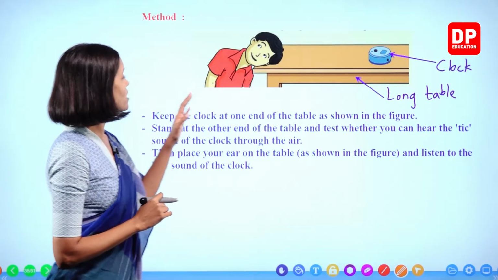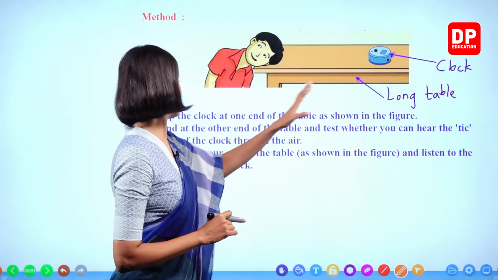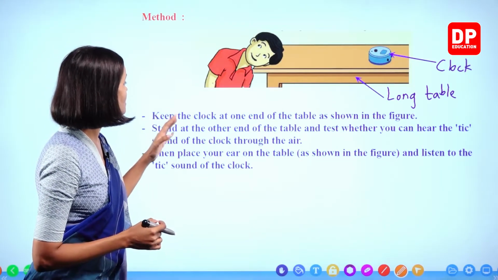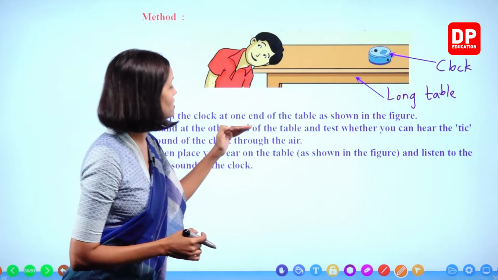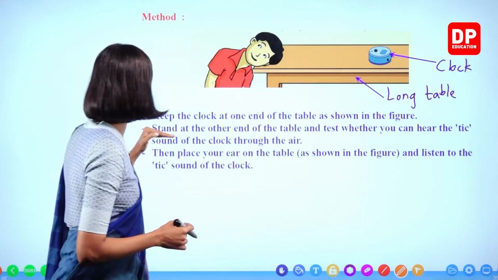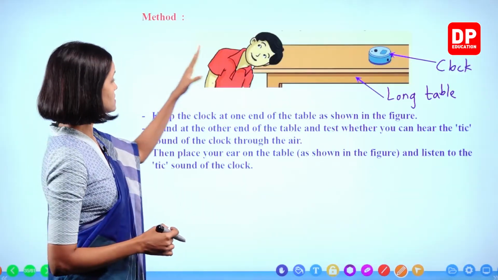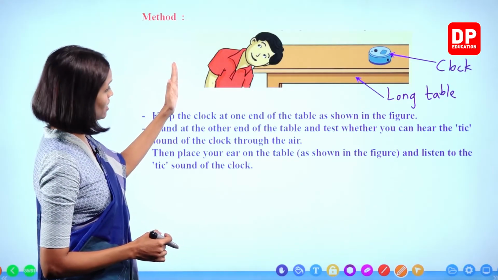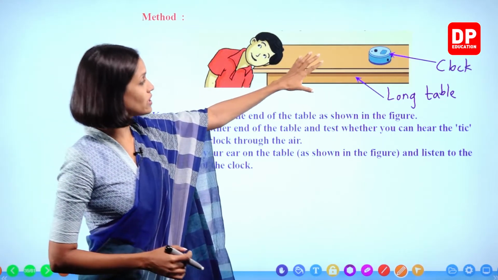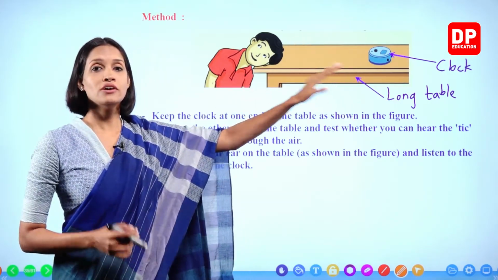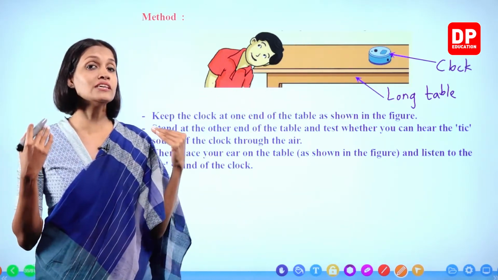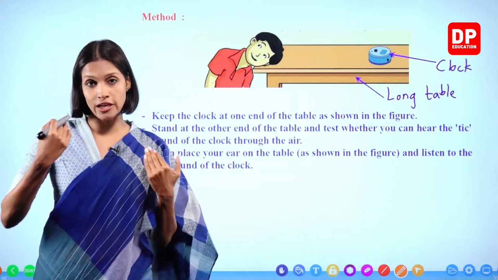Keep the clock at one end of the table as shown in the figure. Stand at the other end of the table and test whether you can hear the tick sound of the clock through the air. Right? You have to stand at one end of the table and keep the clock at the other end. You have to check whether you can hear the tick sound of the clock through air.